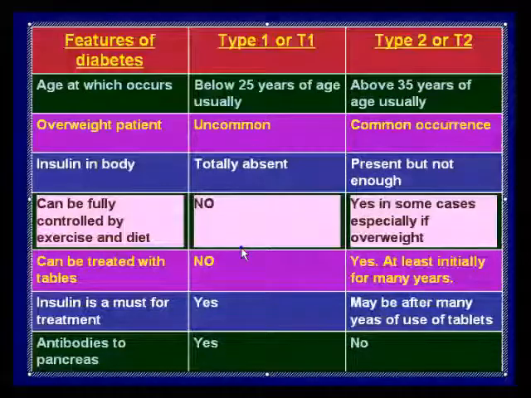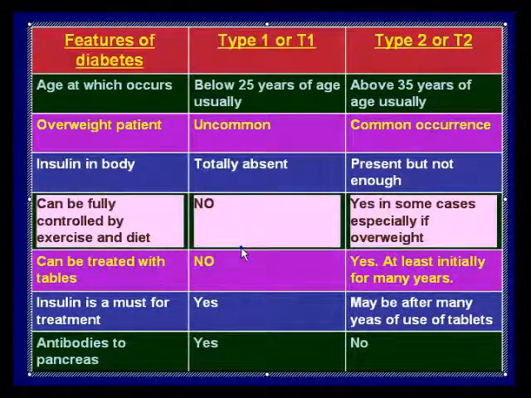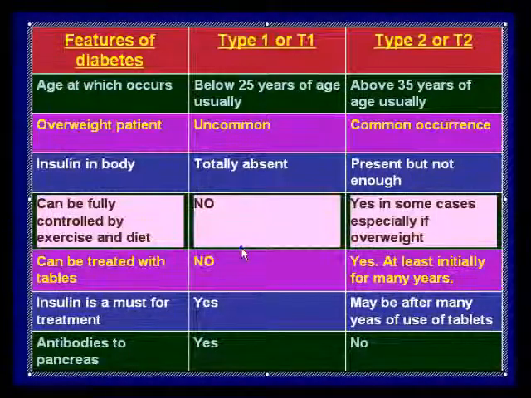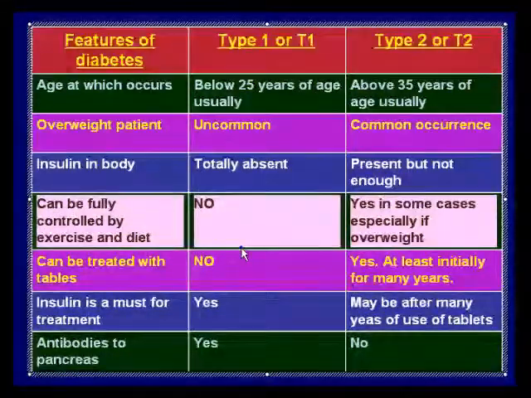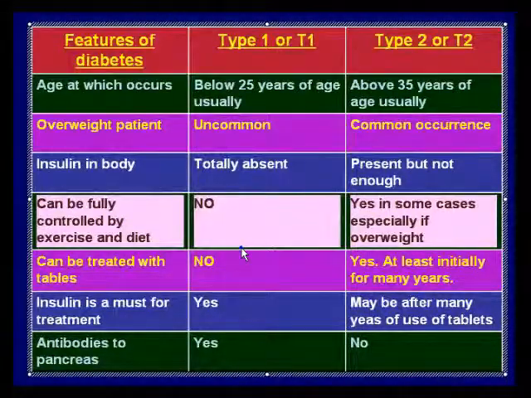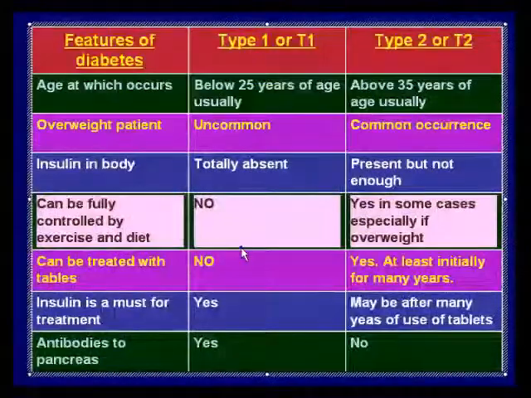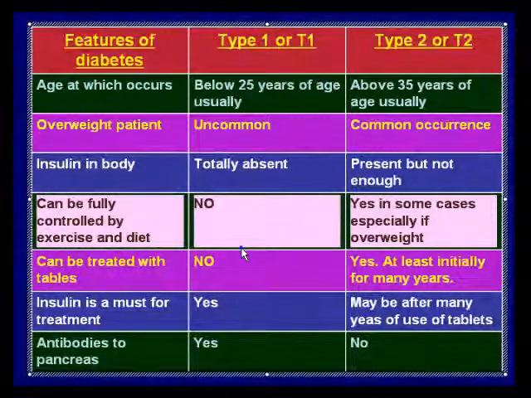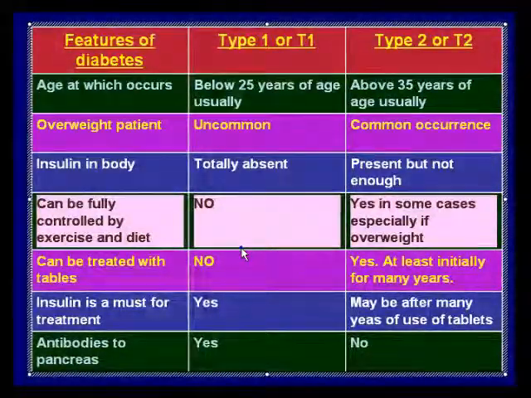If we look at if the diabetes can be controlled by exercise and diet, type 1 diabetes cannot be controlled by exercise and diet, even though the efficacy of insulin administered can improve, but the diabetes cannot be fully controlled by exercise and diet.